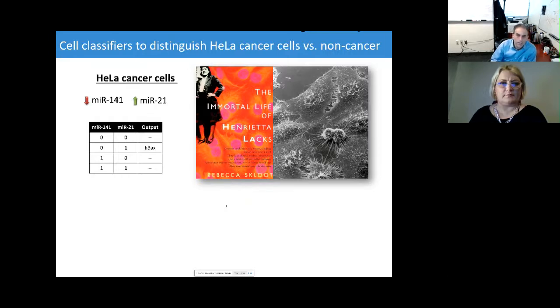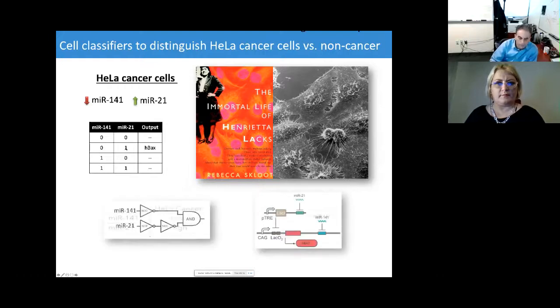That's a particular type of cancer cell. So then the question is, can we create a genetic circuit that basically activates the killer protein when microRNA 141 is low and microRNA 21 is high, and only in that case? Okay? And so that would involve creating a genetic circuit that performs this particular logic function. Okay?